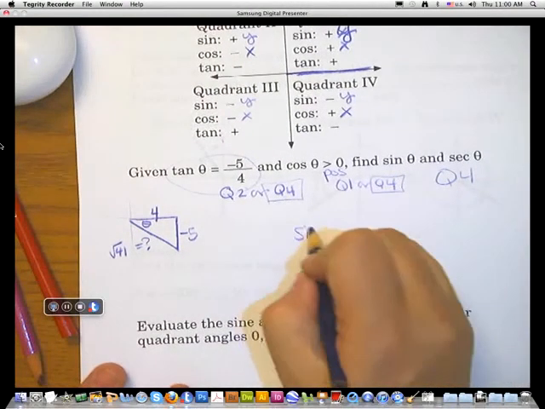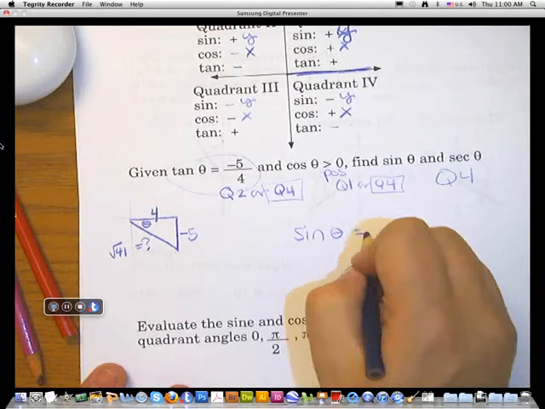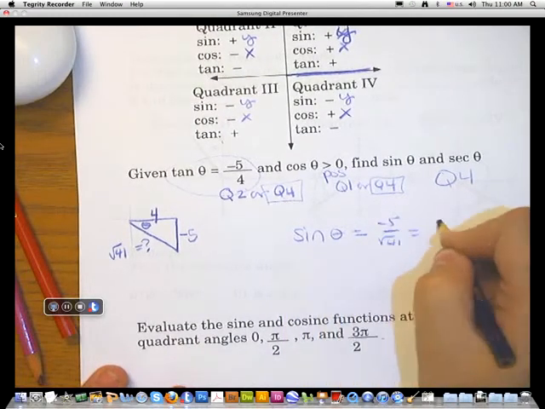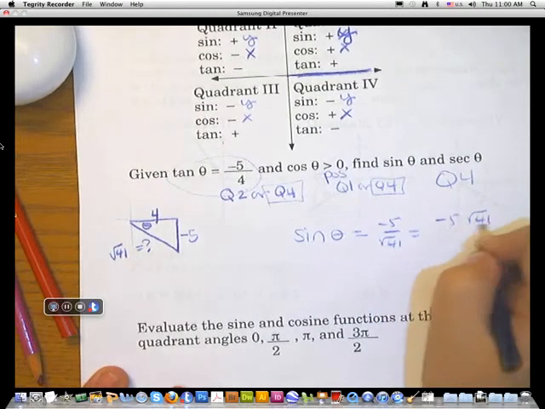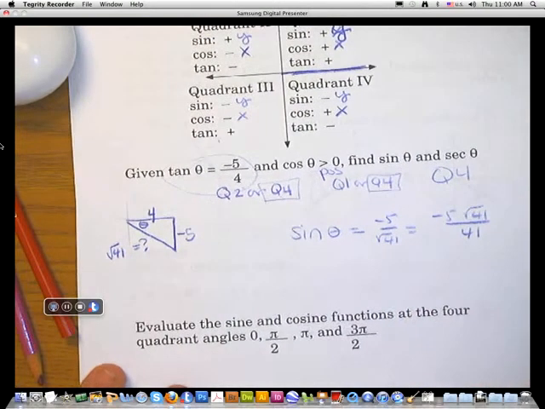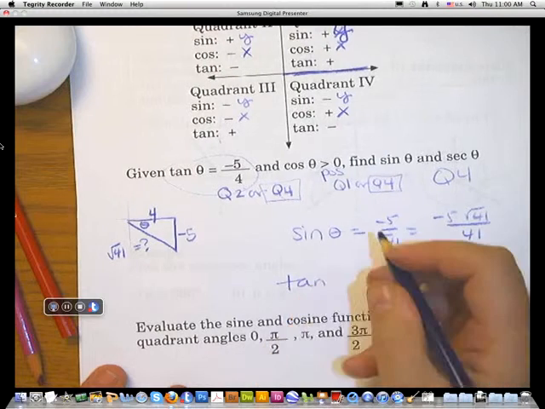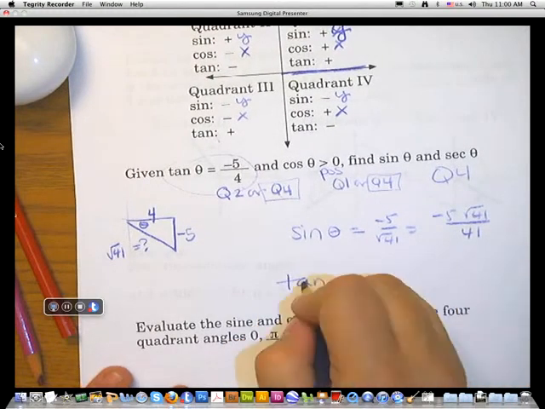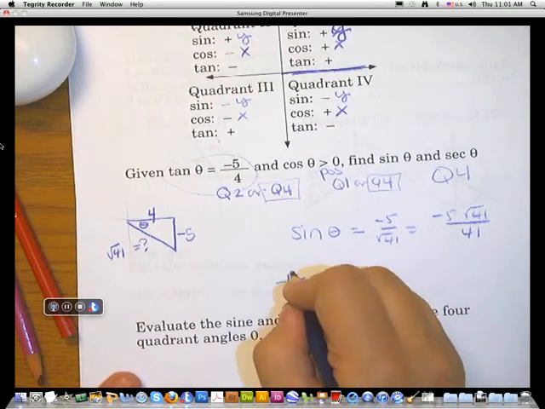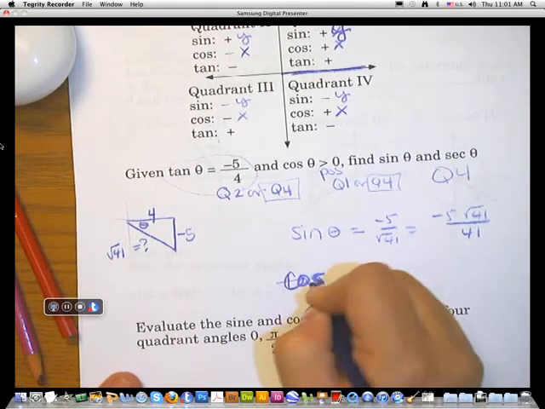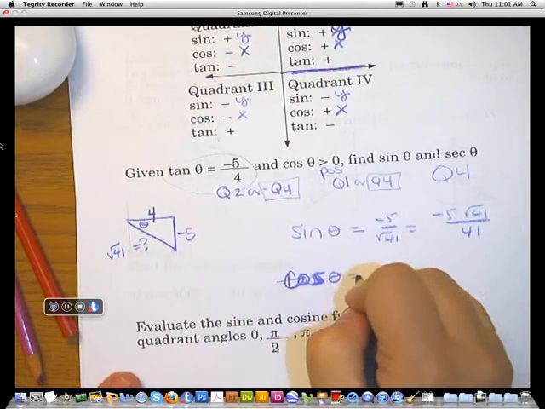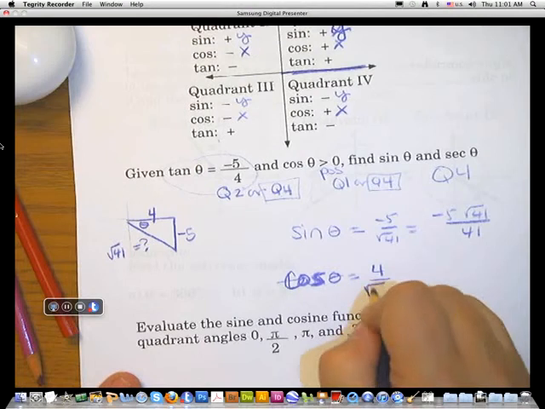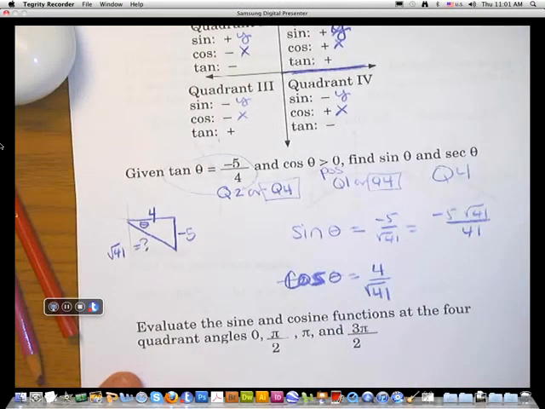So then it says, what is sine? Well, sine is opposite over hypotenuse. You can't have radicals in the denominator, so simplify it. And same thing with secant, sorry. Secant is with cosine. So we're going to find cosine first, which is adjacent over hypotenuse.